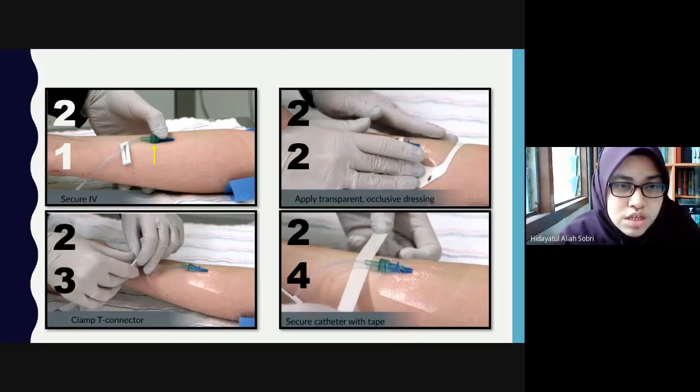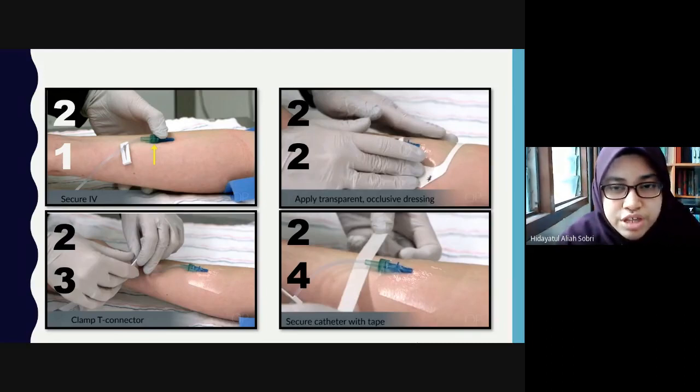After that, we have to secure the IV by applying the Tegaderm, and next we clamp the T connector, and lastly we secure the catheter with tape using the chevron technique, chevron technique.